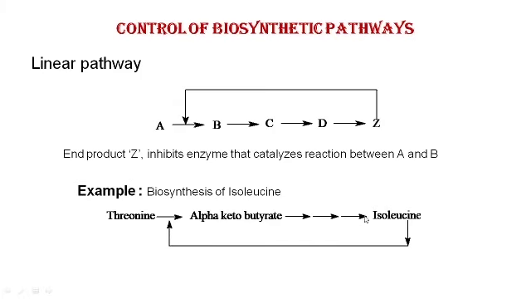If you want to design a blueprint for isoleucine, that is, if isoleucine is your fermentation product, you need to know this, because isoleucine will never be overproduced by this microorganism unless you change this particular enzyme such that it no more binds to isoleucine. We have removed the control mechanism, and only then will isoleucine be overproduced by the microorganism.